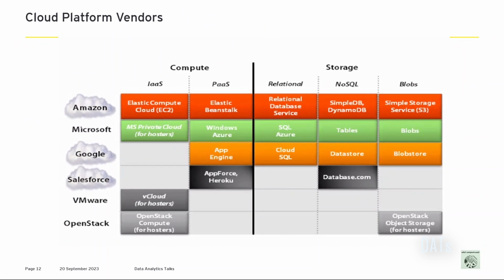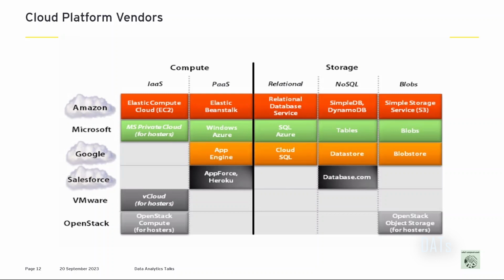We have Amazon. We have Elastic Compute, Elastic Beanstalk, Relational Database Service, NoSQL, SimpleDB, DynamoDB, and blob storage like Simple Storage Service S3. Then we have Microsoft: MS Private Cloud, Windows Azure, Azure SQL, tables, blobs.